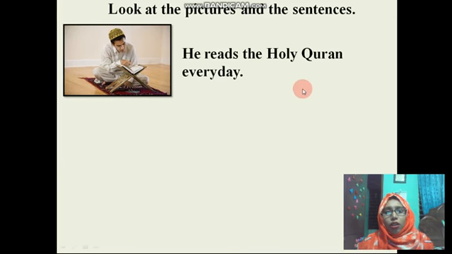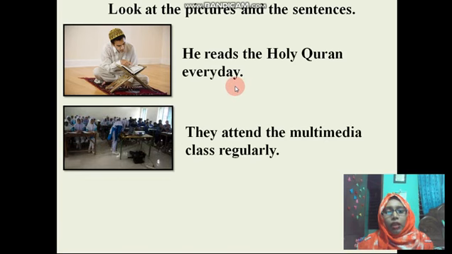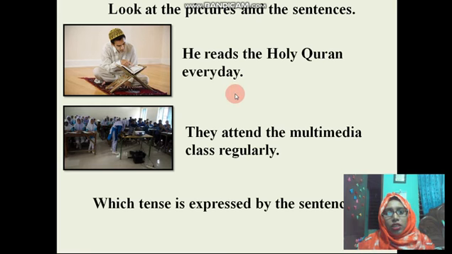Now look at the pictures and the sentences. He reads the Holy Quran every day. They attend the multimedia class regularly. There are two sentences. Which tense is expressed by the sentences?